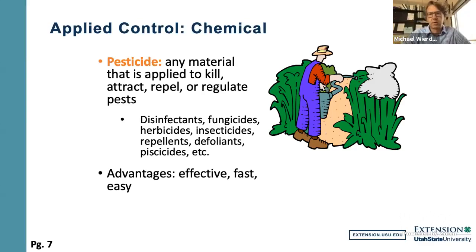Pest identification is critical. It's the most important step in the process. You must know what pest is causing the problem or may potentially cause another problem. Often an insect or a plant present may pose no threat or require no action. Some may even be beneficial organisms.